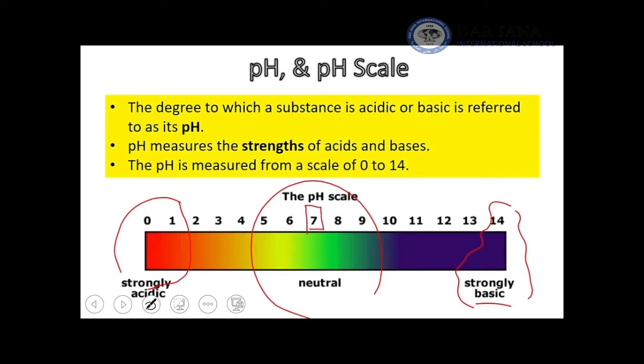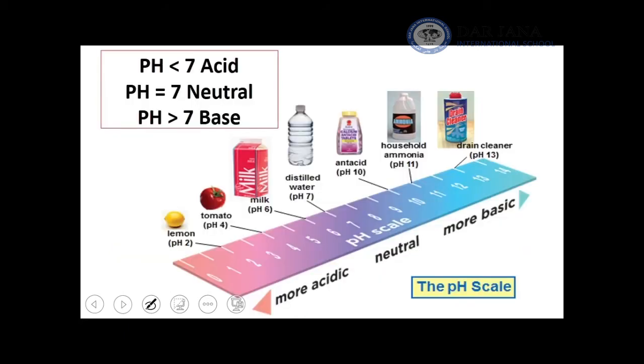So below 7 we have acids, and if the pH is greater than 7, the substance is a base. So pH less than 7 is acid, pH equal to 7 is neutral, and pH more than 7 is a base.